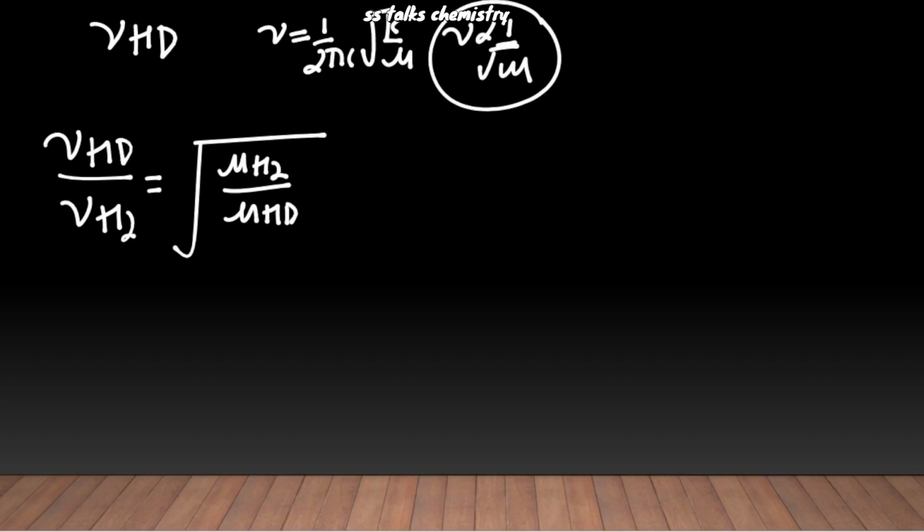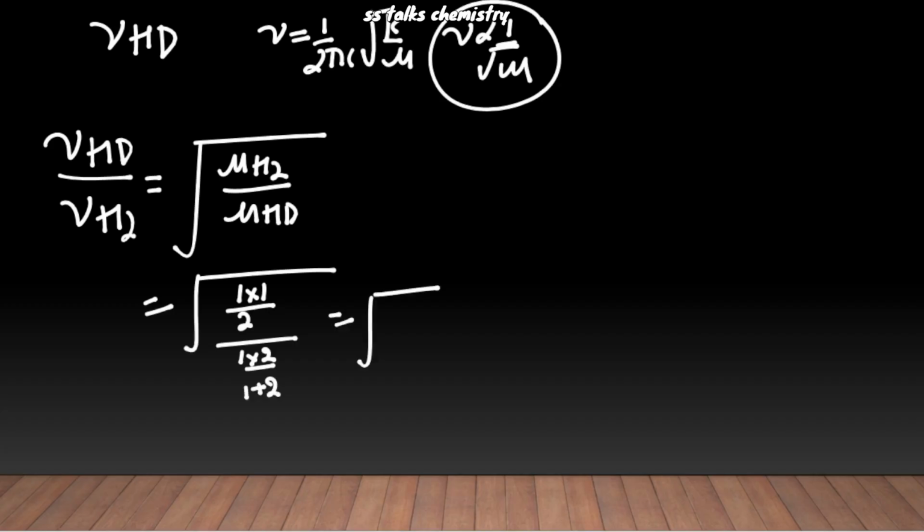So this will be equal to under root of 1 into 1 upon 2, and here it will be 1 into 2 upon 1 plus 2, right? So it becomes 1 by 2 in the numerator, 3 we will have, and this will be 2.